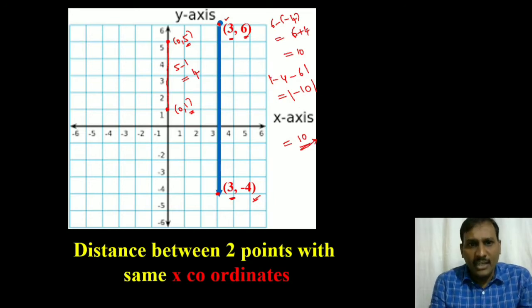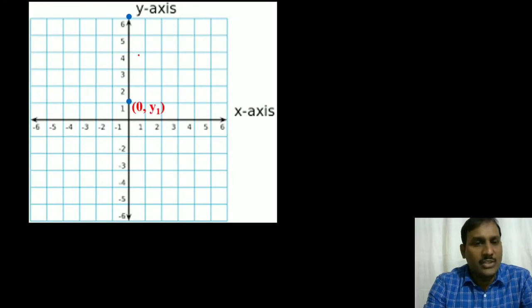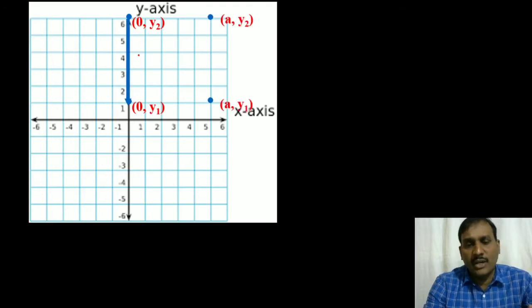So when you have 2 points with the same x coordinates, the distance between them will be the difference of their y coordinates. On y-axis, that is 0, y1 and 0, y2. Or you take any 2 points with the same x coordinates, that is a, y1 and a, y2.